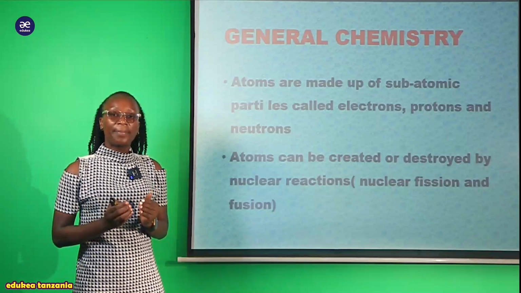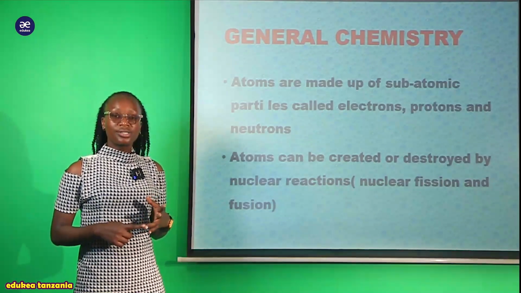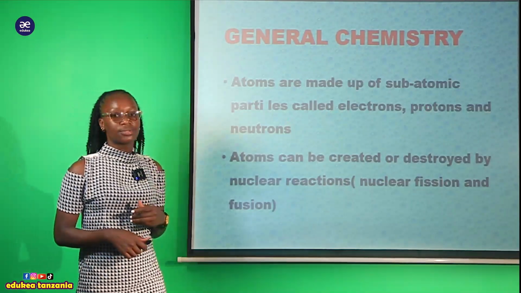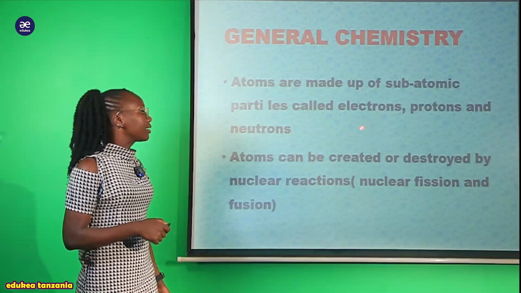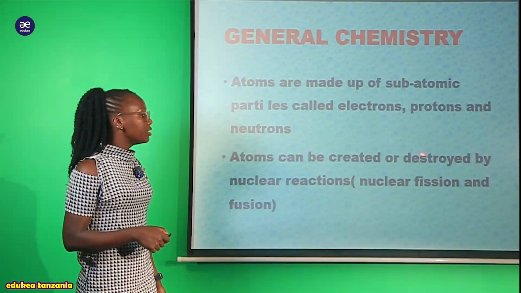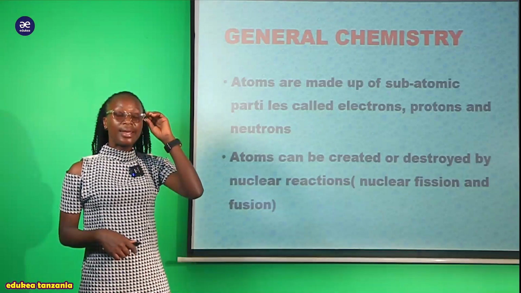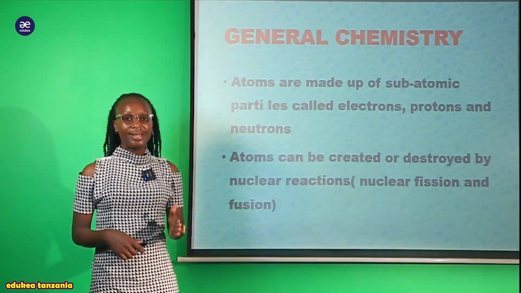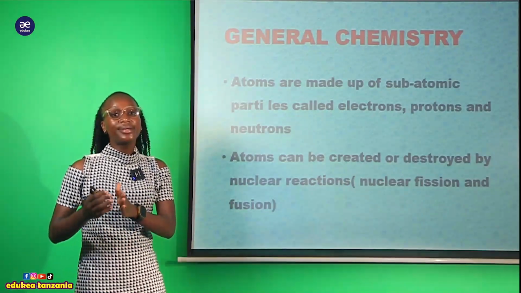These subatomic particles are the electrons, protons, and neutrons. But also, atoms can be created or destroyed by nuclear fusion. You can remember in the earlier assumption of the Dalton atomic theory, he stated that atoms can neither be created nor destroyed.